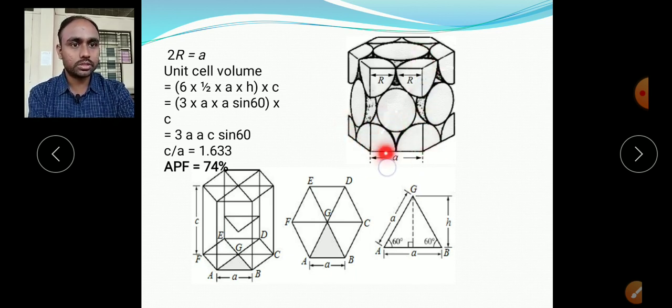This particular thing is the radius of this atom, because all atoms are identical, that is why we consider capital R as the radius of the atom, right. And by looking at the diagram, simply we can say these 2 atoms are involved to cover this particular lattice parameter a, that means a is equal to 2R, a is equal to 2R.